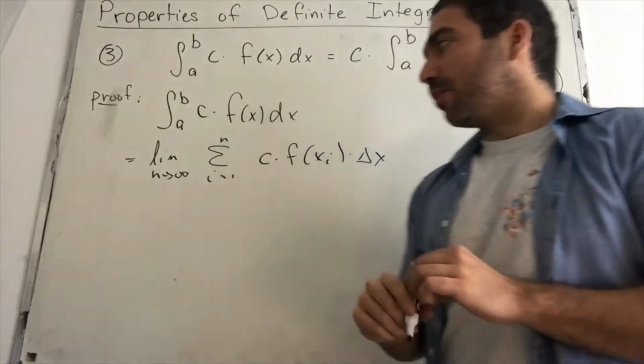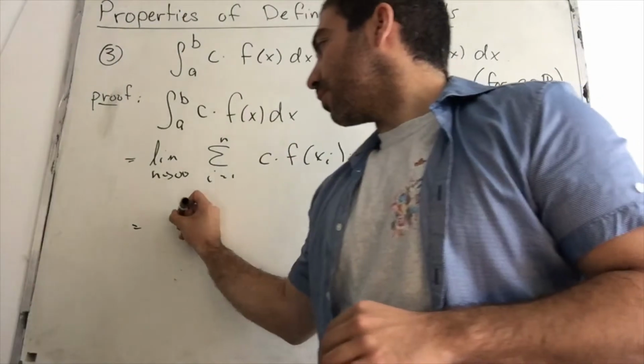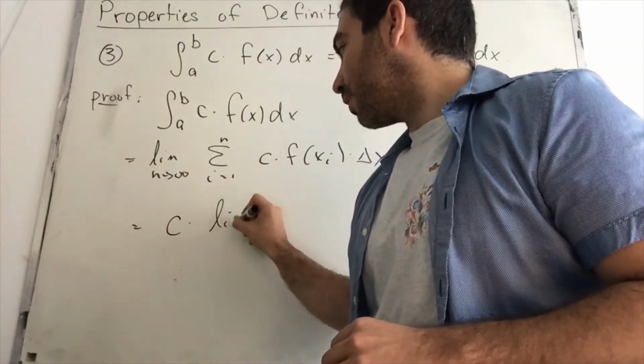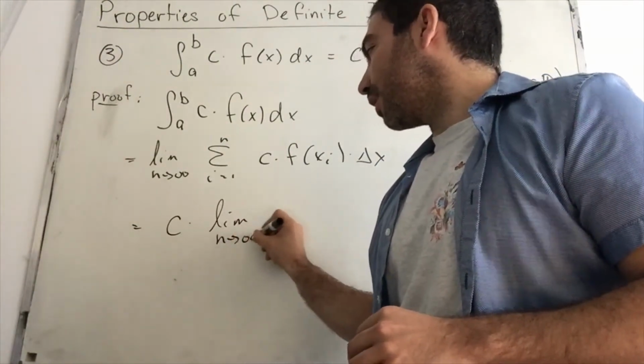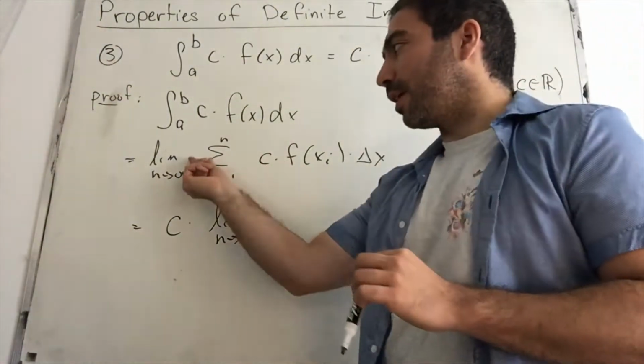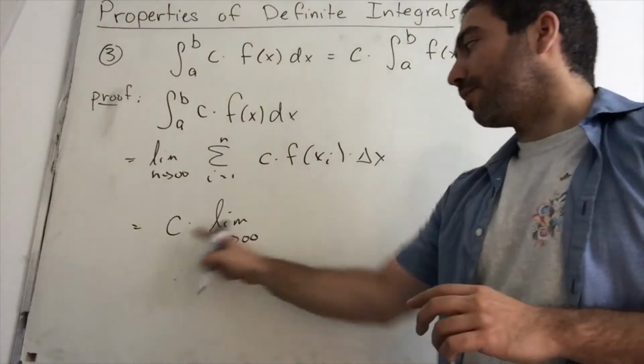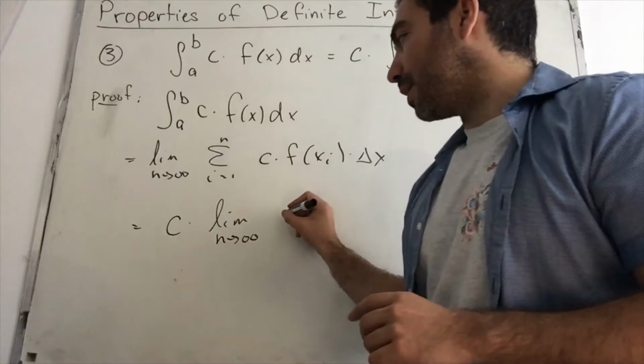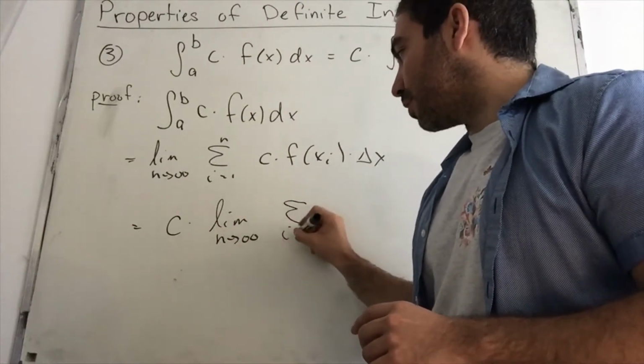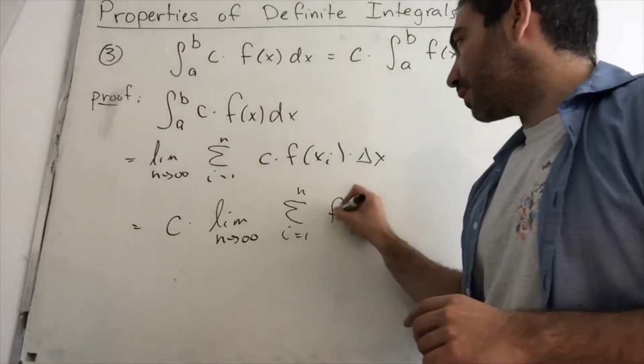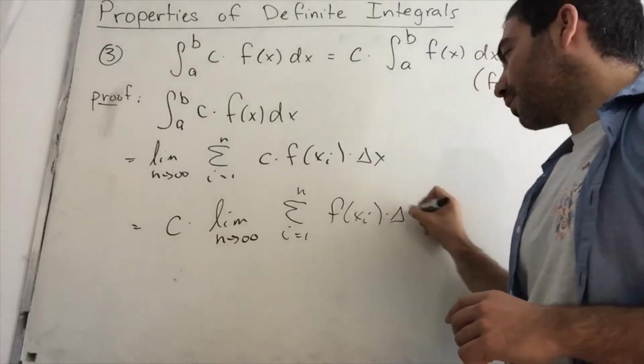So c comes on the outside of the sum, then it comes out again from the limit, putting it in the front, leaving us with c times the limit as n goes to infinity of the sum from 1 to n of f of xi times delta x.